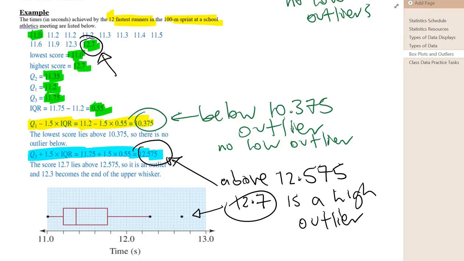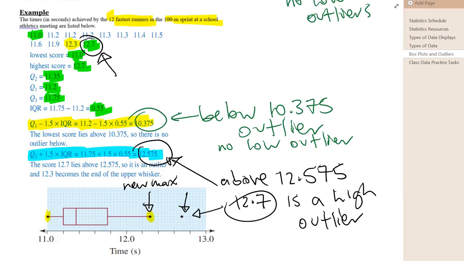We've got 11.0 as our minimum. Now our maximum is 12.3, you'll notice, because that's our next biggest score. That's our new maximum that's not an outlier. So that's really important. Here's our new max that's not an outlier. And then this dot here is separate because it's an outlier.